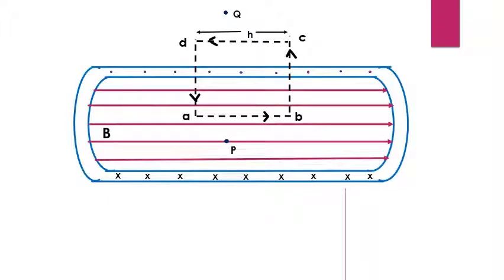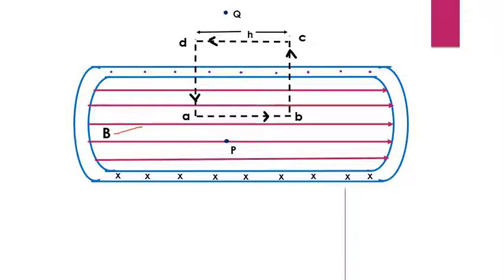Here you see the diagram. We have taken the inside of the solenoid, where the magnetic field B is in the form of parallel straight lines, which represents a uniform magnetic field. Now, here the direction of current has been shown.